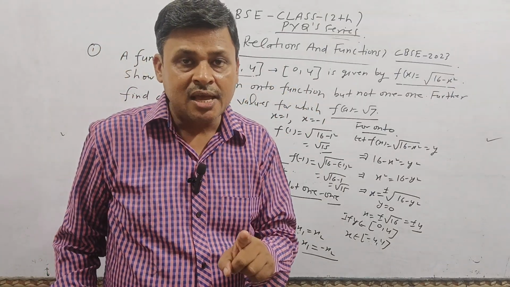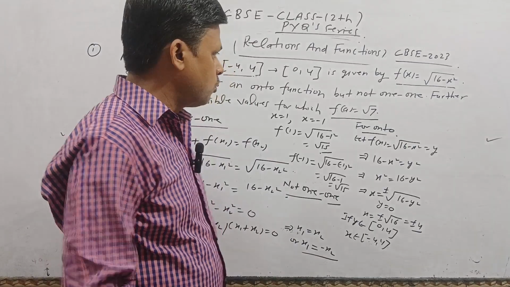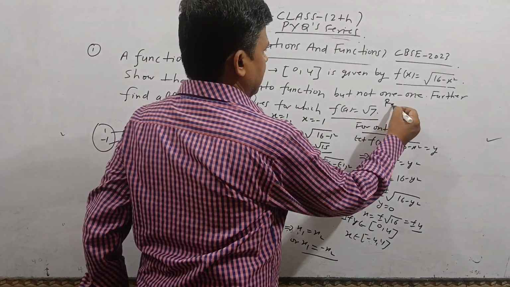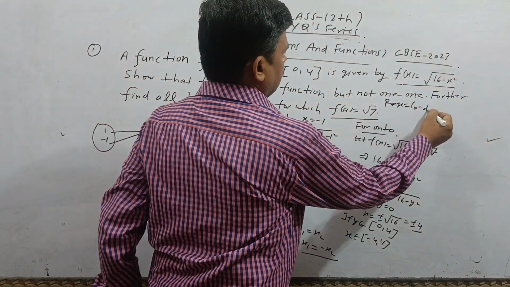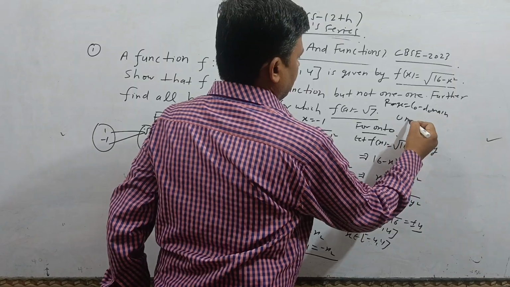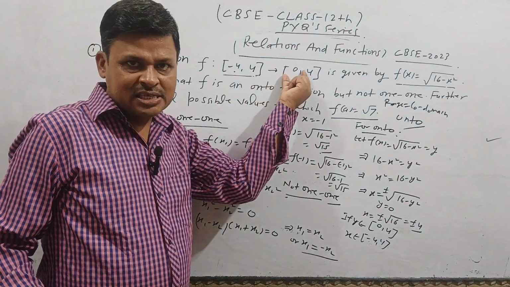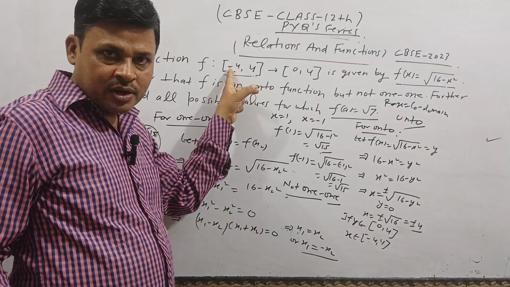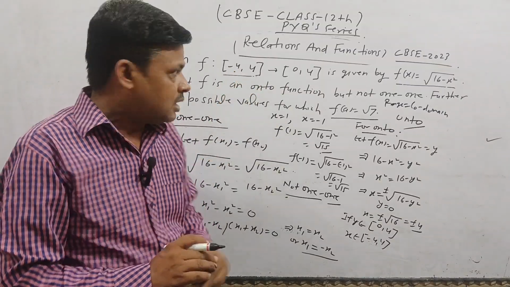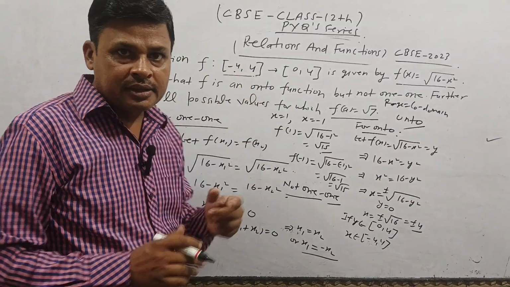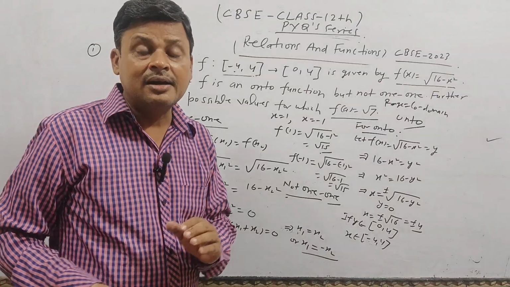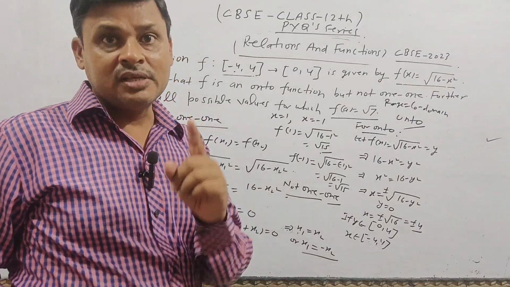That's why we can say that range is equal to codomain. Range is equal to codomain, so the function is onto. For every y in this codomain, we always have its pre-image in this interval in the domain. So the function is onto.